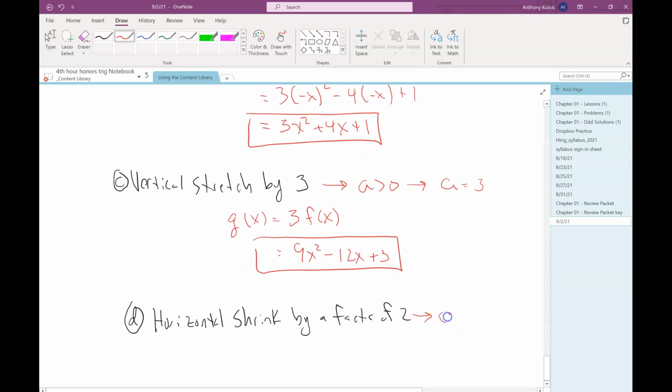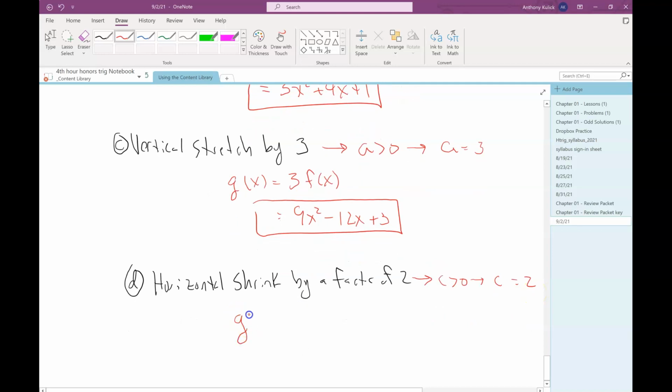Since no reflection is mentioned, I know that c should be positive. So in this case, we're talking about a c of 2. So my transformed function should be f of 1/2 x.